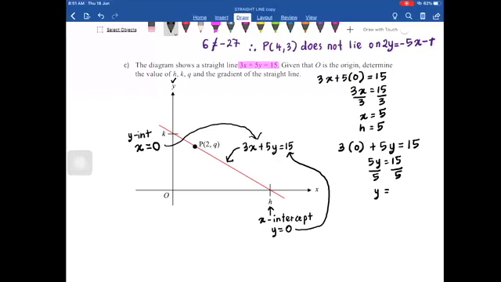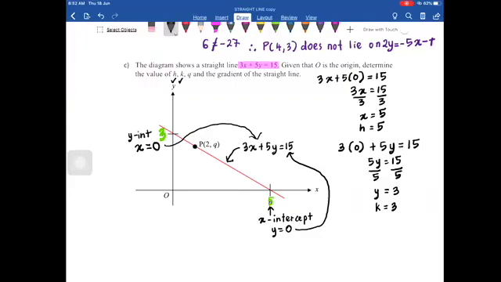So K is equal to 3. Okay, so now I have my value here, 3. My H is 5. Done. H is done, K is done.